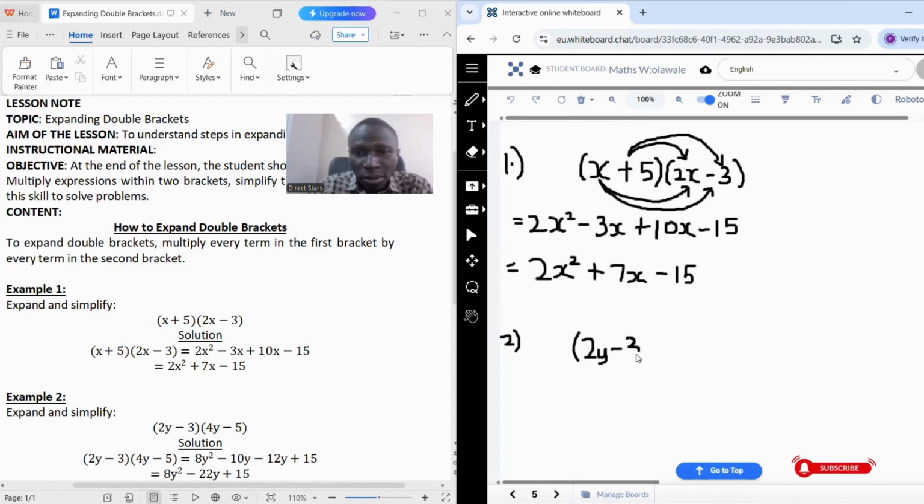Just the same thing that we did in example 1, we want to multiply all the terms in the first bracket with all the terms in the second bracket. So here we have 2y multiplied by 4y. We're going to have that to be 8y squared.